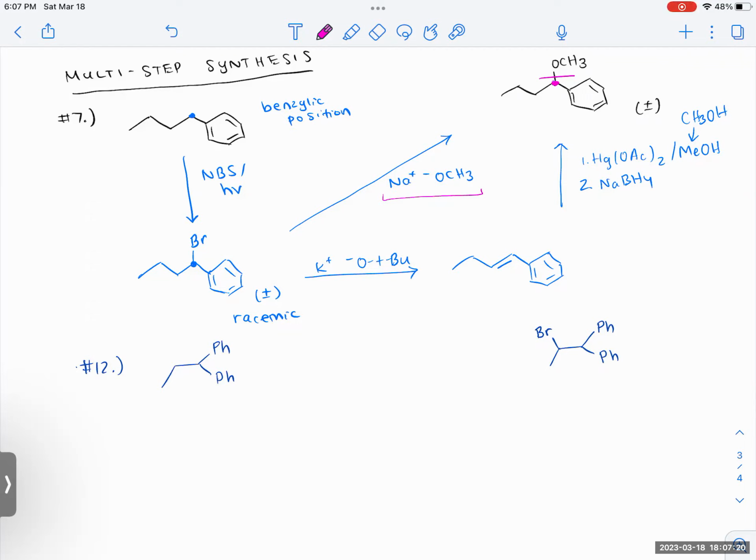Now this one is not a synthon one, right? We're just adding a bromine in this position. So we look at the product and where we're starting, and analyze the differences. We need to add a bromine in that position.